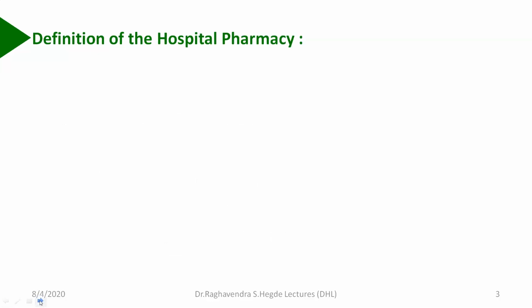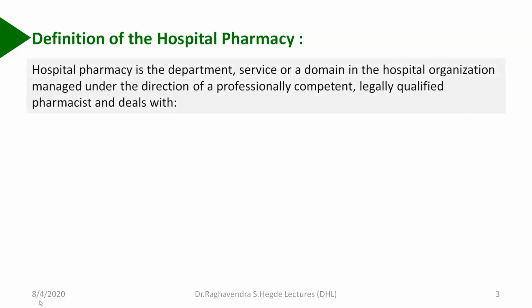Now, coming to the definition of hospital pharmacy, how do we define the term hospital pharmacy? Hospital pharmacy is a department, service or a domain in the hospital organization managed under the direct supervision of a professionally competent, legally qualified pharmacist.